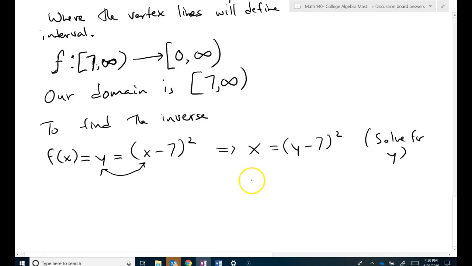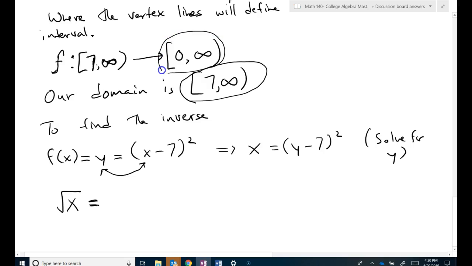So this gives me the square root of x is going to equal, now normally it would be the plus or minus, but because we have restricted this to the domain, it's going to end up only being the plus side. So we only need to deal with the positive side: plus square root of x is going to equal y minus 7, and that means that y will equal the square root of x plus 7.